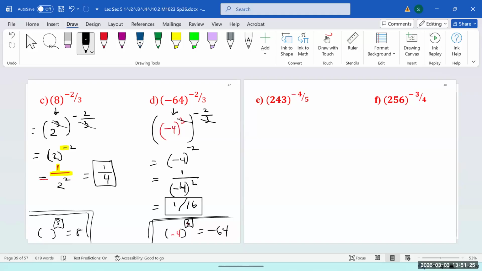Nayari, right? For E? We already did that before. So 3 to the 5, and we have negative.